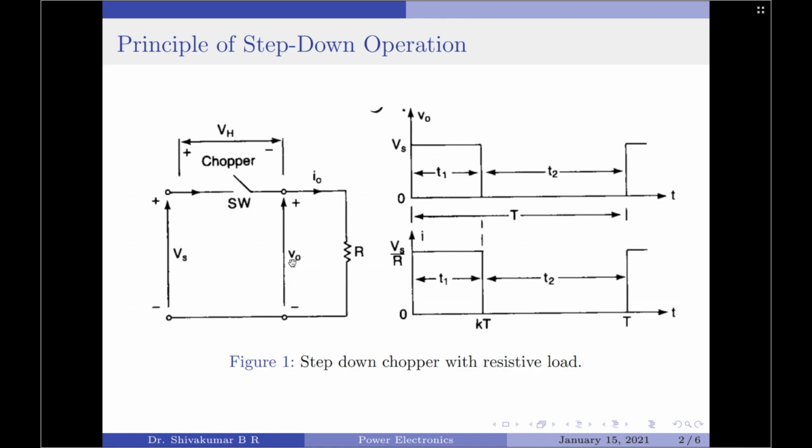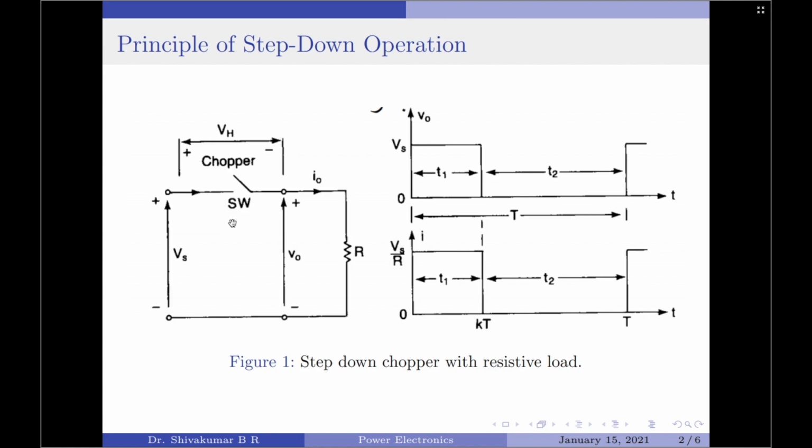Coming back to the circuit, the chopper switch SW can be implemented by using any of the controlled turn-on devices such as a power BJT, power MOSFET, GTO or any forced commutated thyristor.